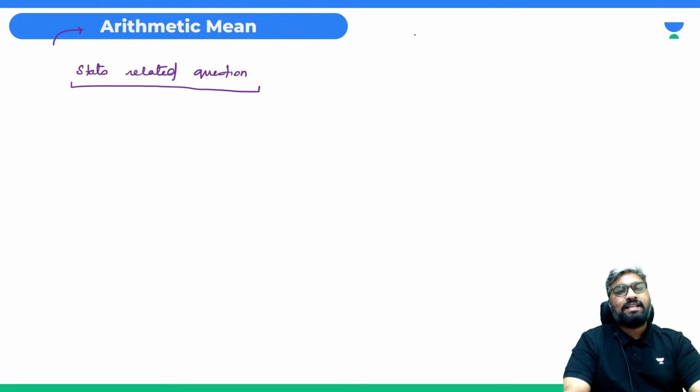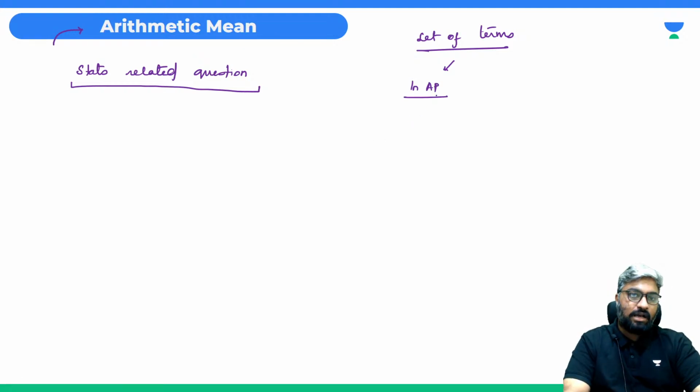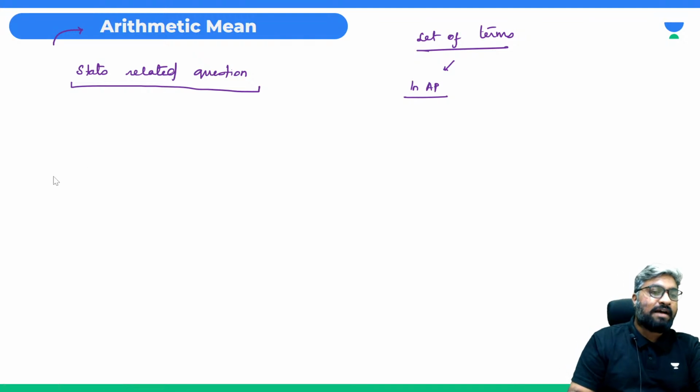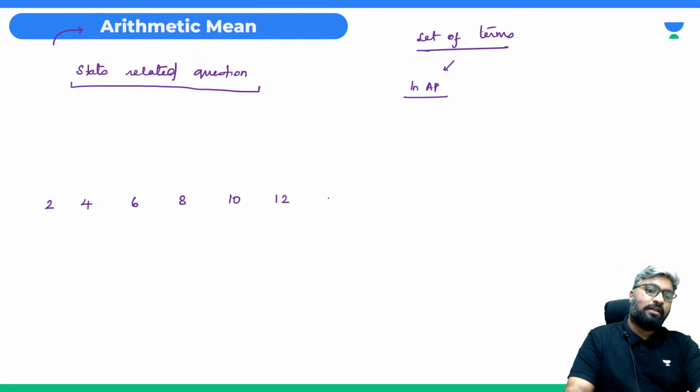If the given set of terms is in AP, then you can easily calculate the average. Can you tell me what will be the average of 2, 4, 6, 8, 10, 12, 14?